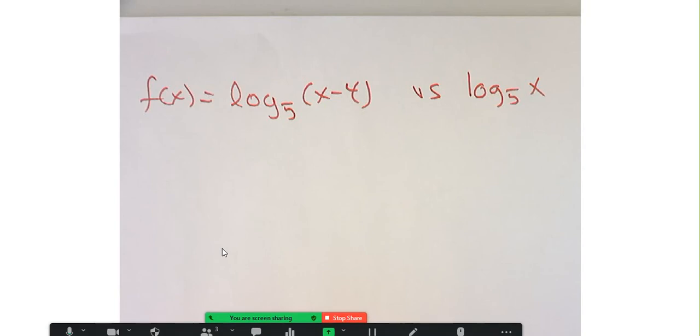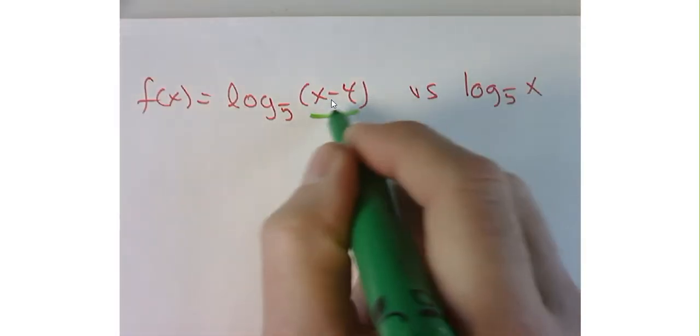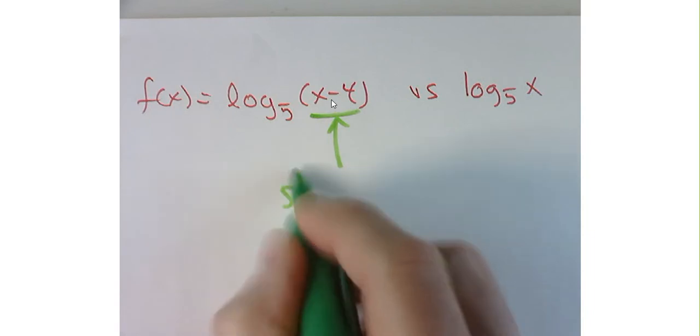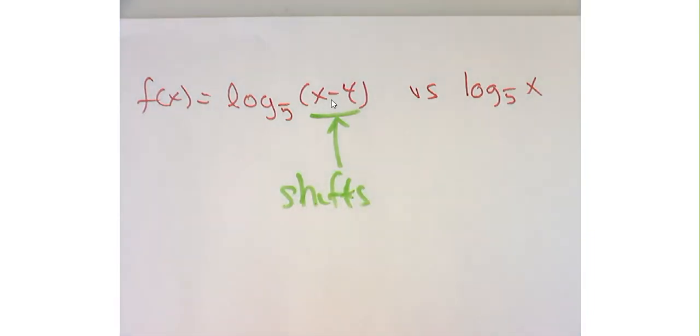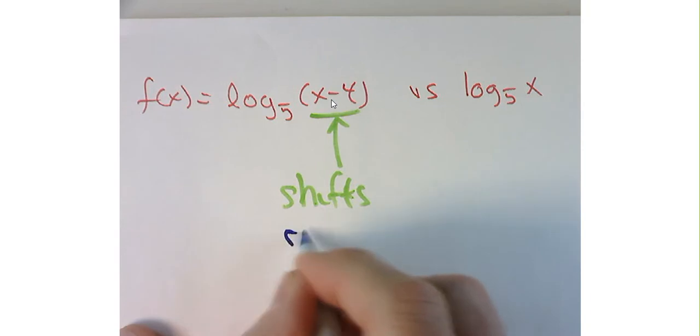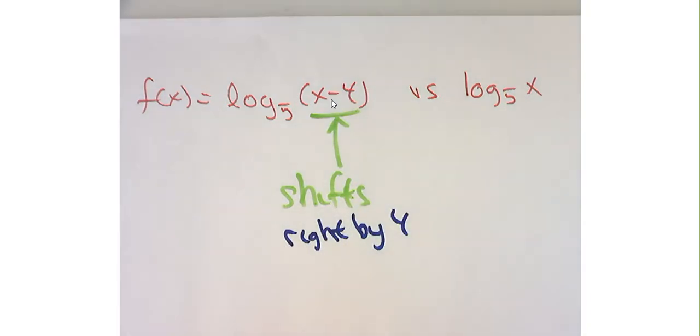So the question is, well, how has that been shifted? Which direction? What is that minus 4 going to do to our graph? Shifts left, right, up, or down? Right. To the right. What do you think? Is she right? Good. Yeah, it's shifted to the right by 4.